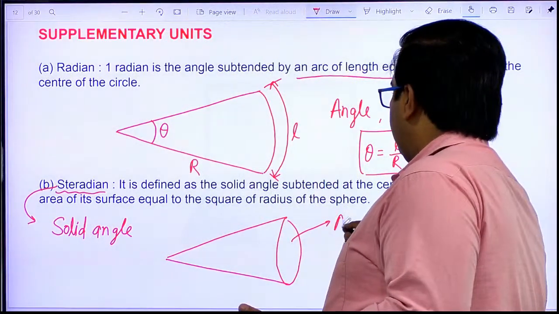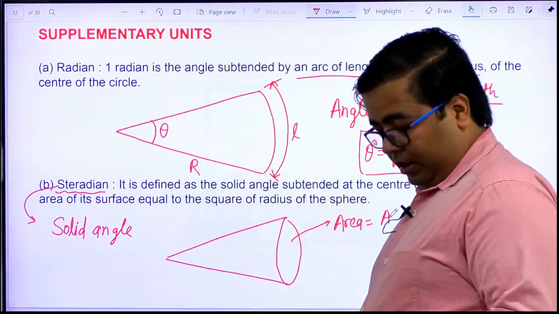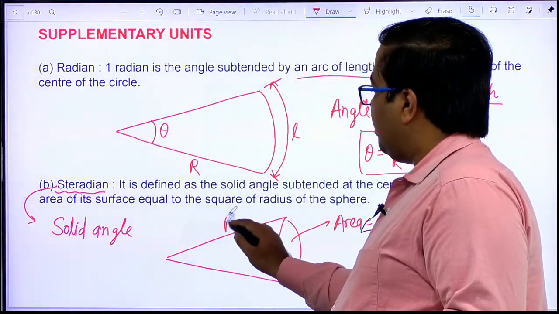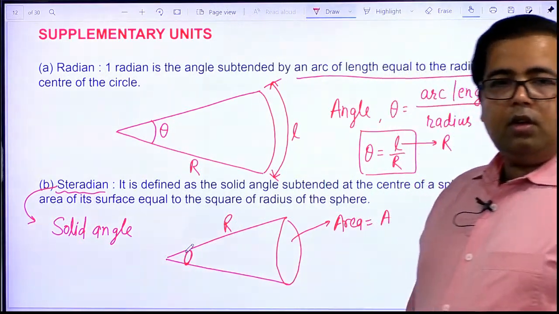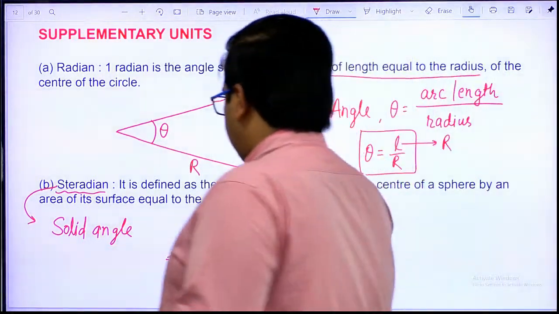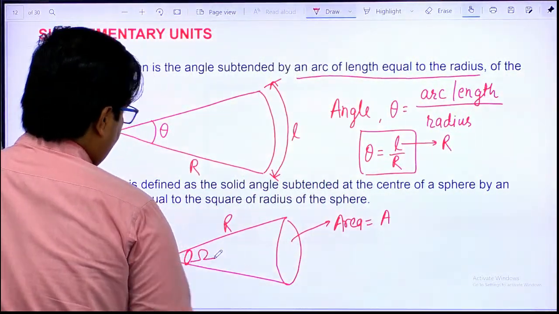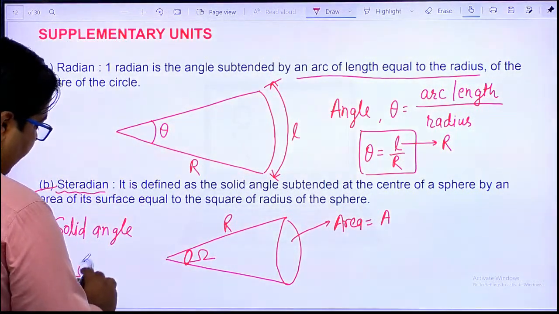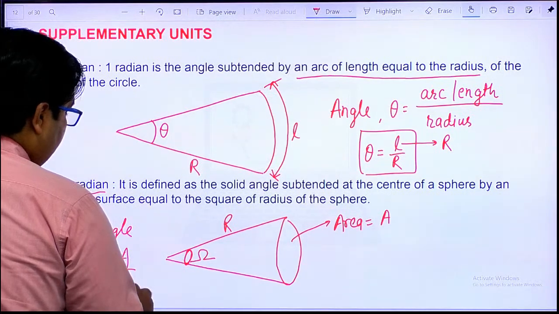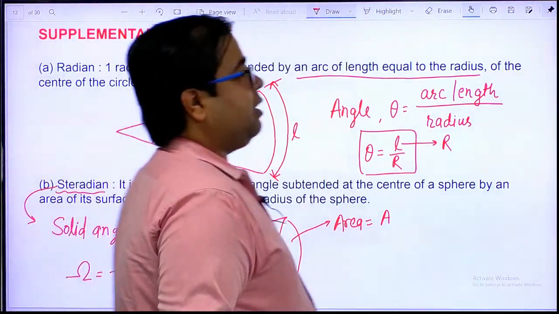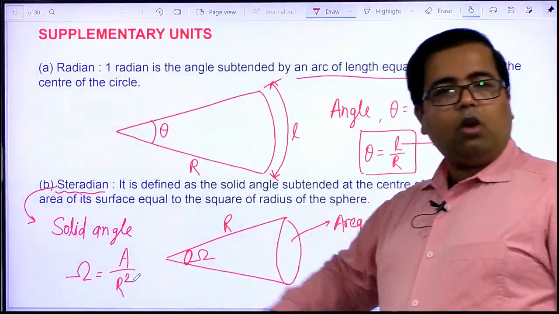If this area is equal to capital A, and this is radius r, this angle is known as the solid angle. We represent the solid angle as omega. So solid angle omega is equal to A by r square.